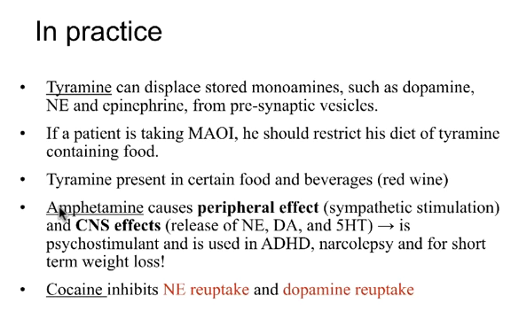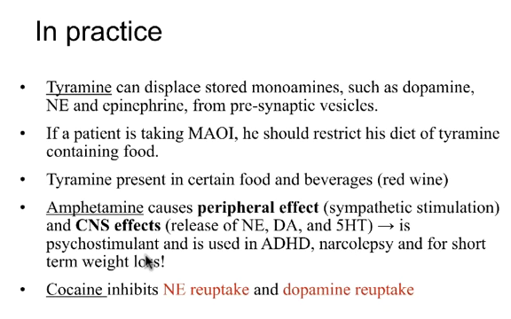In the same way, we mentioned a few minutes ago that amphetamine also is going to have a similar effect to norepinephrine. Therefore, amphetamine is considered a psychostimulant, and we use amphetamine in medicine for people with ADHD or narcolepsy.